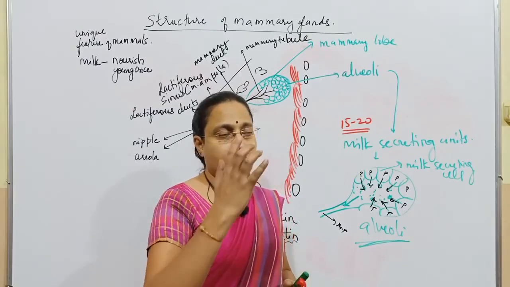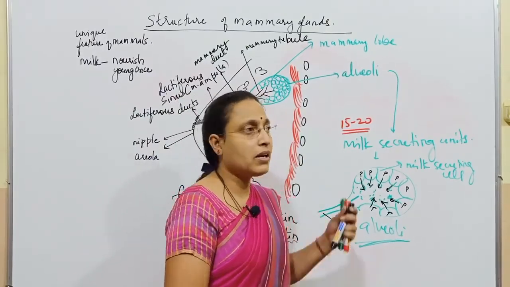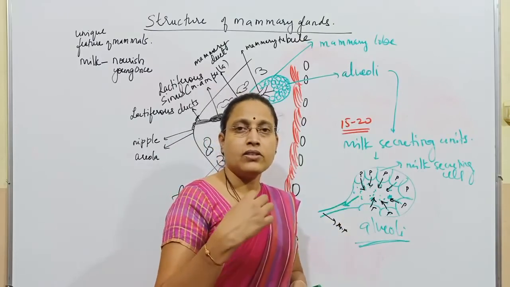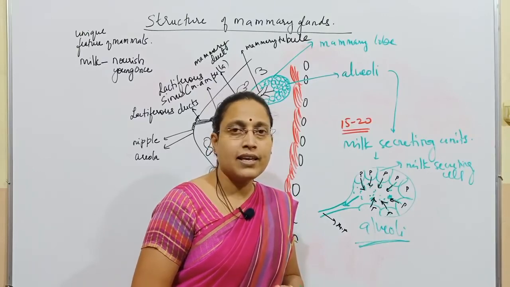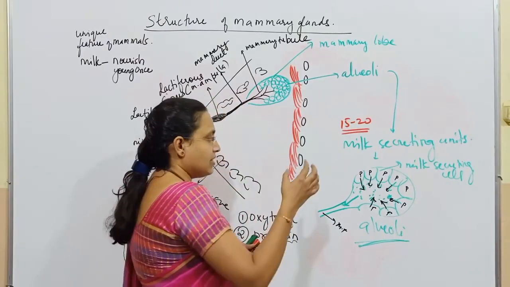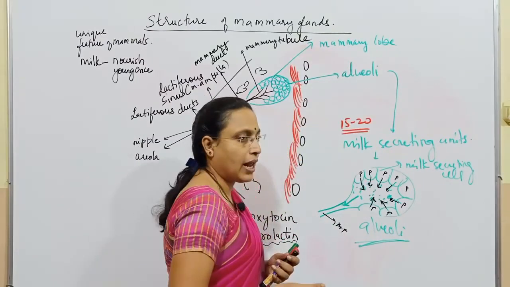It is originally secreted in the pituitary, and through the blood circulatory system it will reach the alveolar cells of the mammary glands, then stimulate them to produce the milk. So which is the milk secreting hormone? Prolactin.